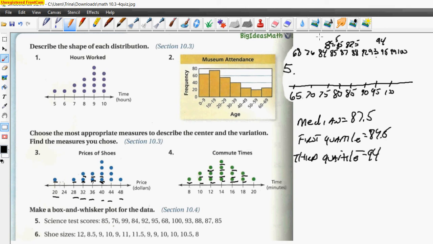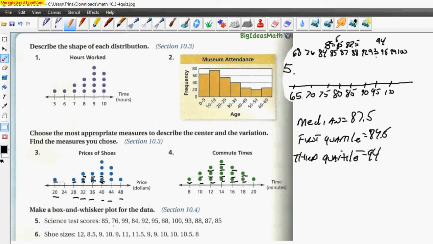So we have our median, which is 87.5, our first quartile, which is 84.5. Remember, things change with that actual number. And then our third quartile, which is 94.